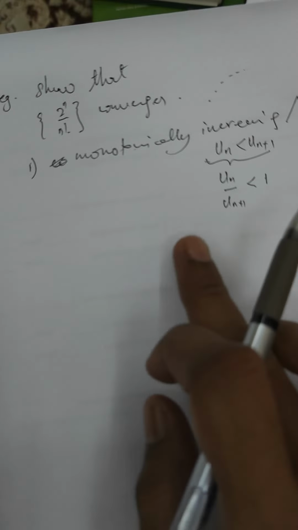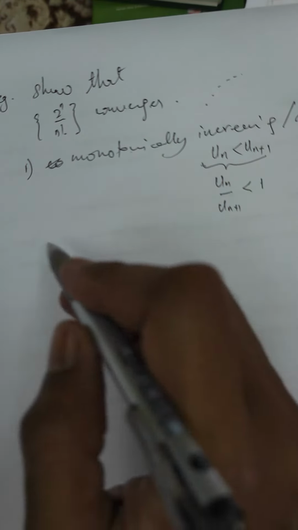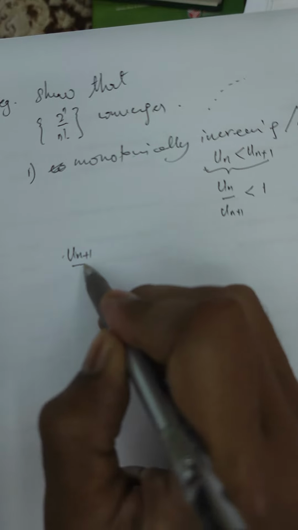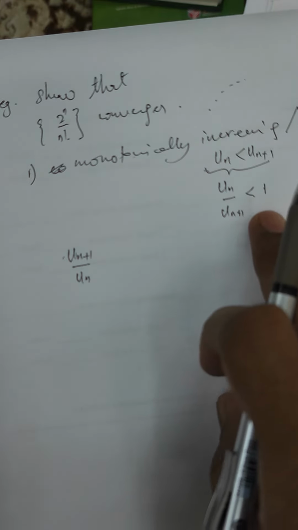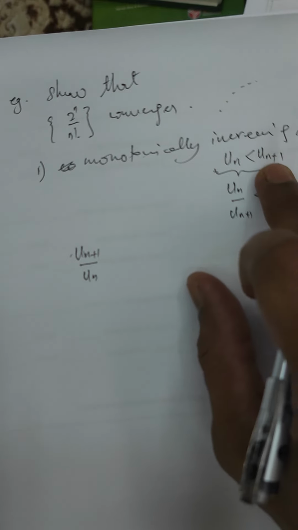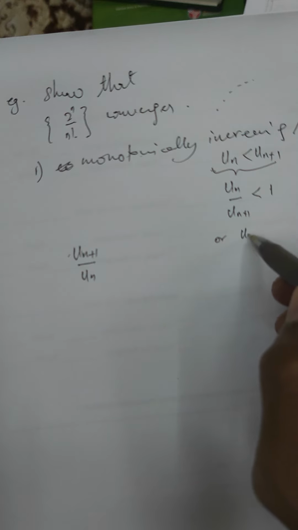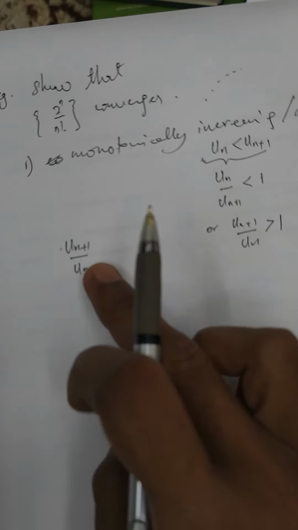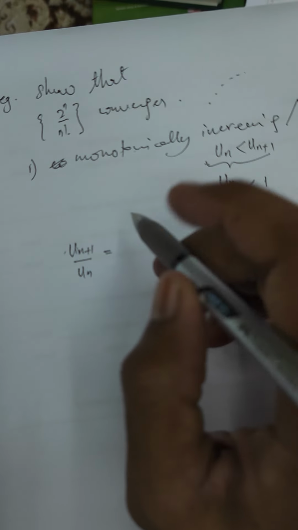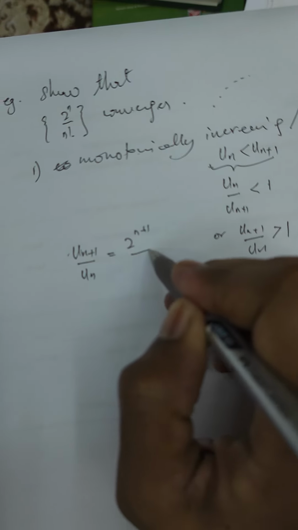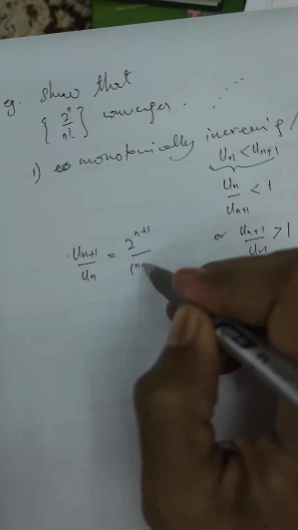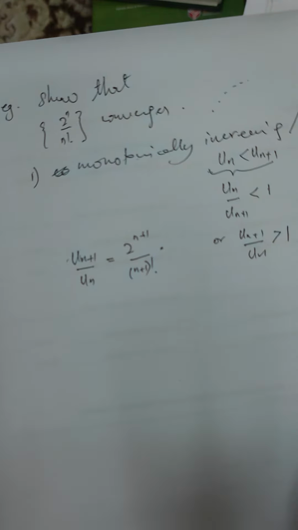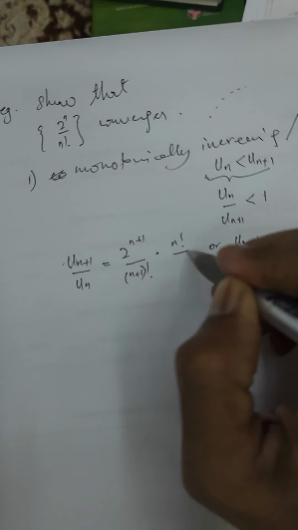So if we use the ratio between the two, u_{n+1} over u_n, this gives us 2^{n+1} over (n+1) factorial, multiplied by n factorial over 2^n, because we divide by u_n, so you just put it upside down.